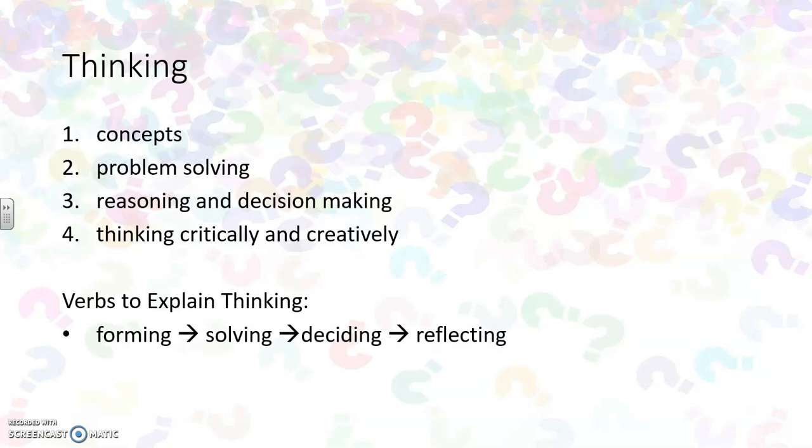Some of the things that are involved with thinking are actually having some sort of concept, which is just a mental group of similar objects, events, ideas, or people. Problem solving, reasoning and decision making, thinking critically, and thinking creatively, and building upon those things.